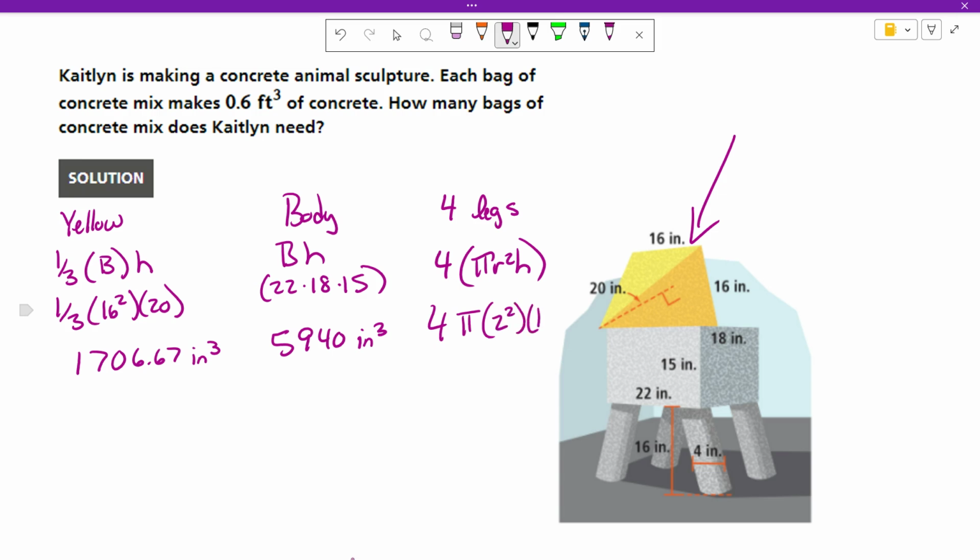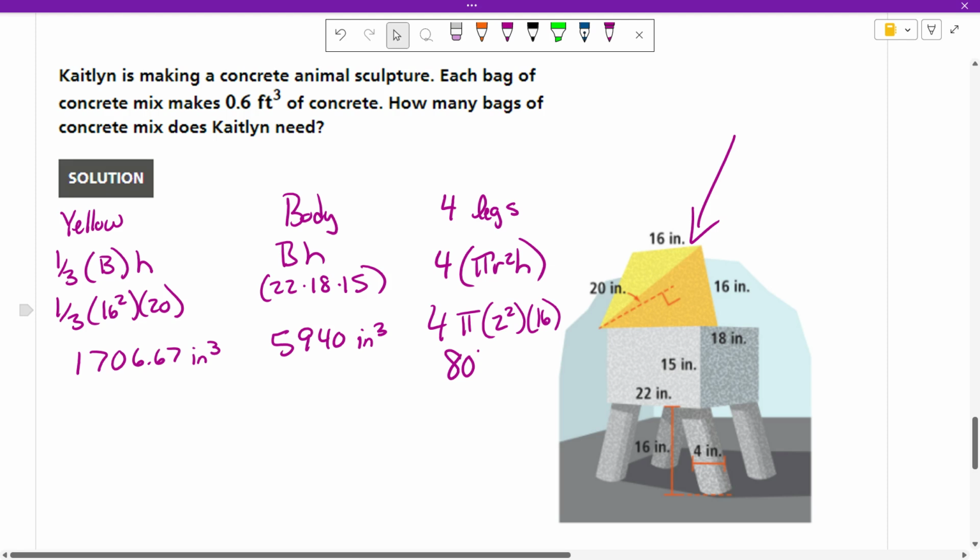The height is 16. Calculate that out. 4 pi times 4 times 16, or 256 pi, which is about 700 and something. 804.25. Add these 3 numbers together.